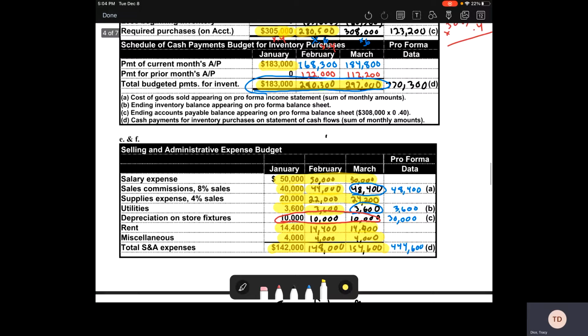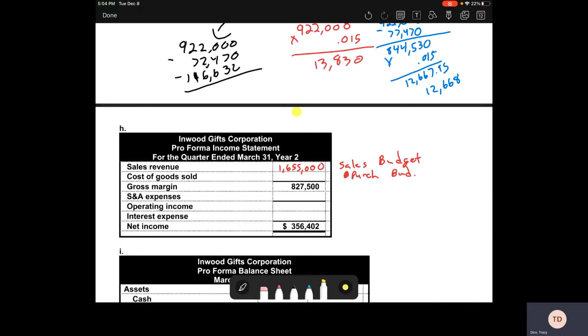So those are our expenses. So our cost of goods sold is going to be the 827,500, which, if you remember from previous videos, they told us that our costs of goods sold are half of our sales revenue, or 50%. So that makes sense that our gross margin is the same thing.